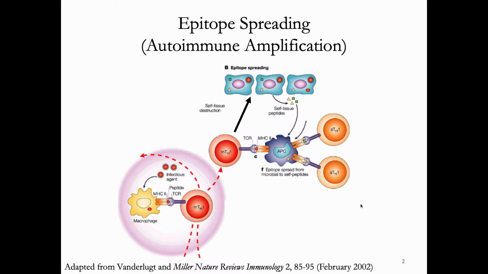So at the beginning, we had one epitope, the red sun antigen, that infected our cell and turned on our T cell. Our T cell went ahead and killed cells with this red sun virus.